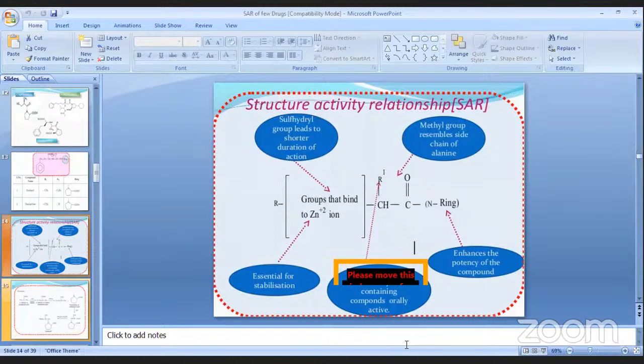But if you increase it, you get a better compound; if R1 is butyl, you will get an orally active compound. So this is the basic structure of the enalapril molecules. The pyrrolidine ring is the basic moiety, and it is attached with the methyl group and butyl group, and one other group. What does R stand for?